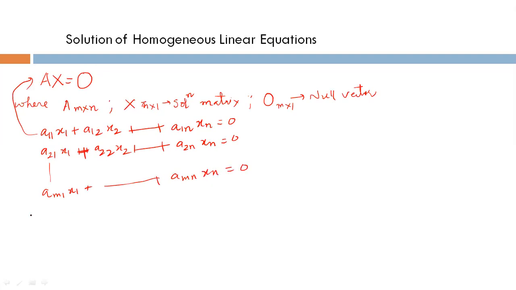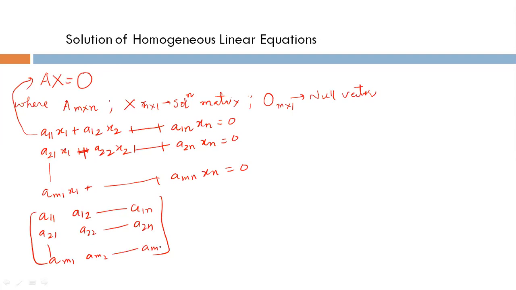If we write in the form of coefficient matrix, then A matrix is a11 a12 a1n, a21 a22 a2n, am1 am2 and so on amn. And if we write the solution matrix, x1 x2 xn is equal to 0 0 0.